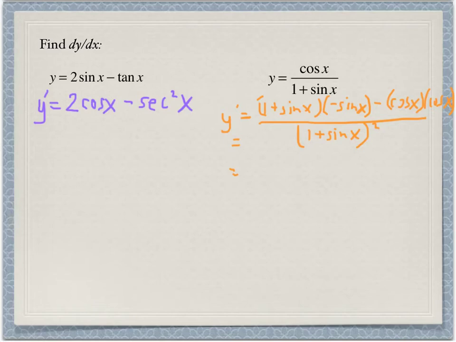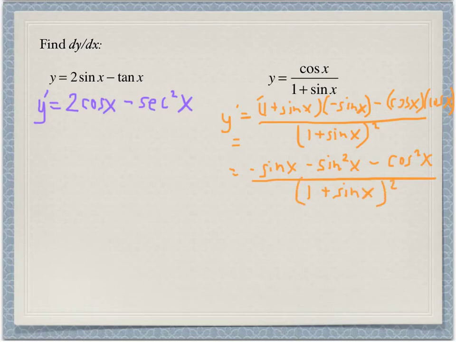So when I do that, I'm going to have negative sine of x minus sine squared x, right? And then minus cosine times cosine is cosine squared x, like that. And my denominator, I'm just going to leave it in this factored form like this, 1 plus sine of x squared for now anyway.